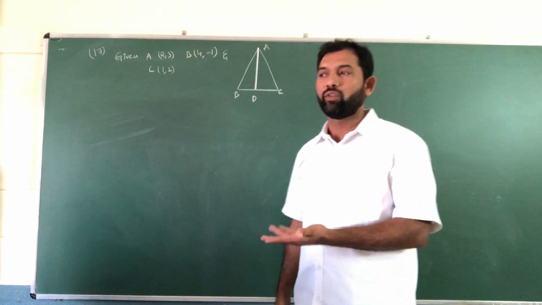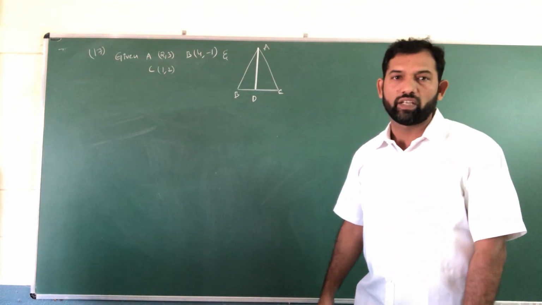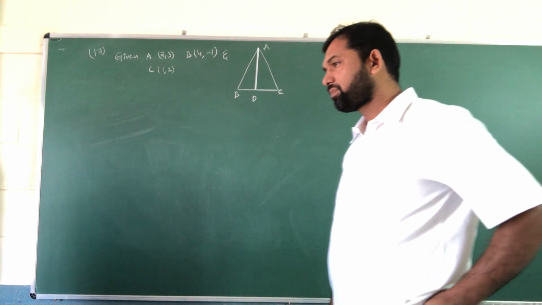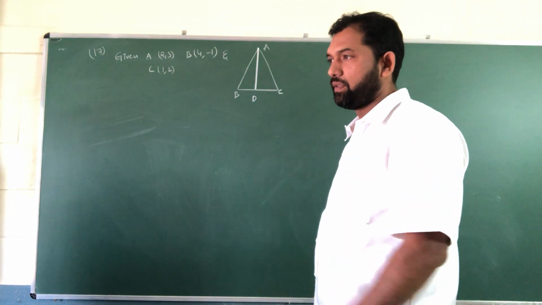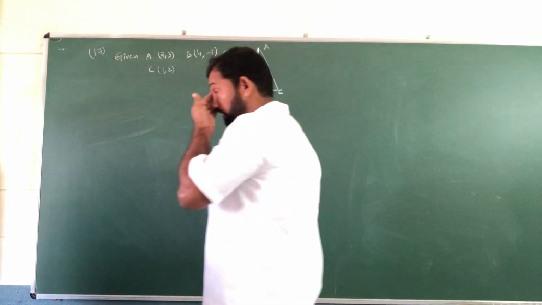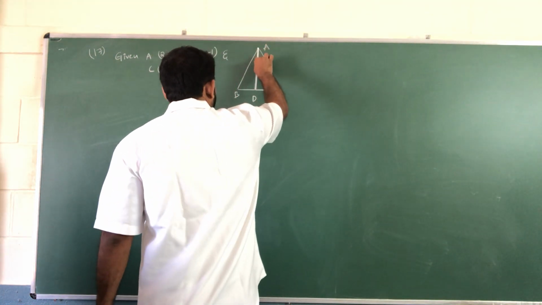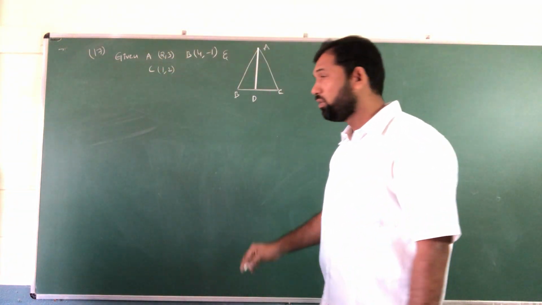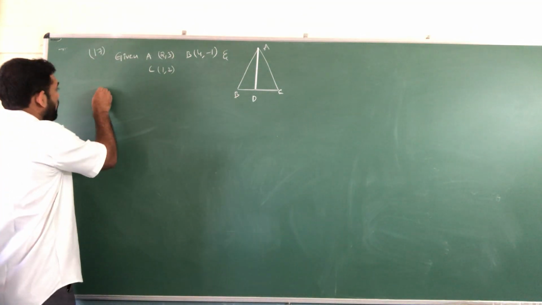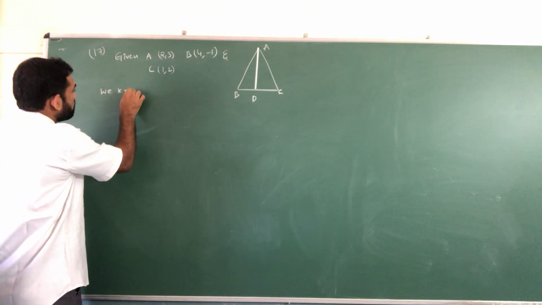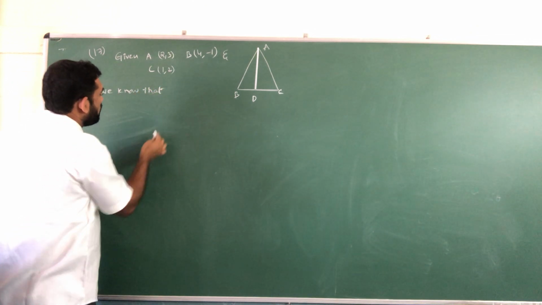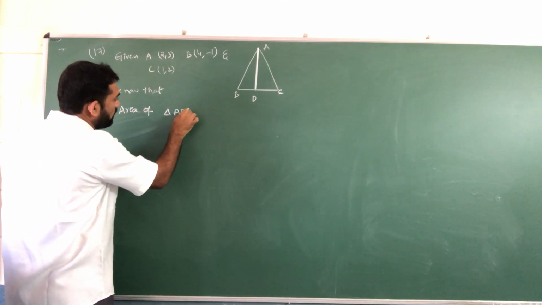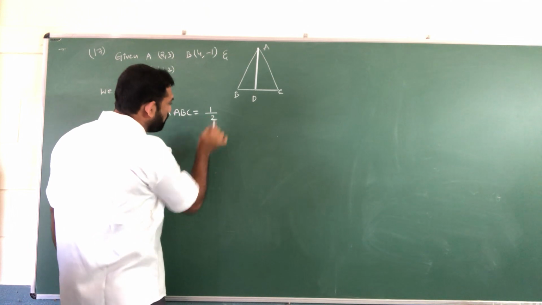So length of AD, before that the equation. So the equation of AD you are going to say. Listen. What is this length? You know that the area of triangle ABC is equal to half into base.